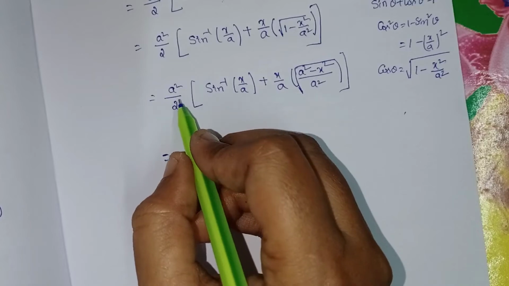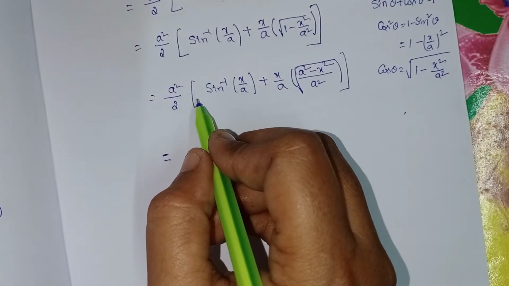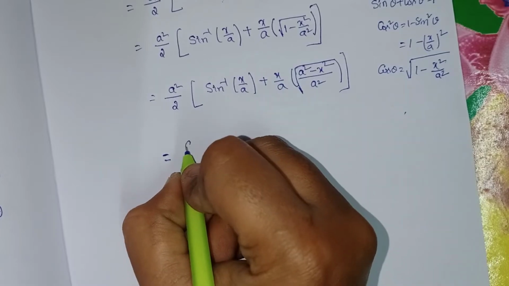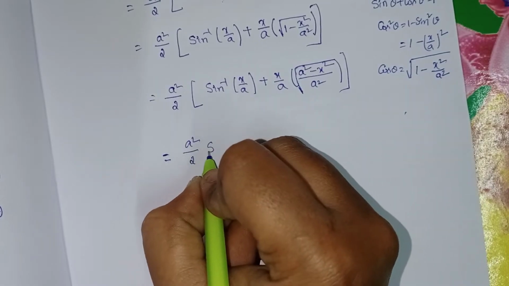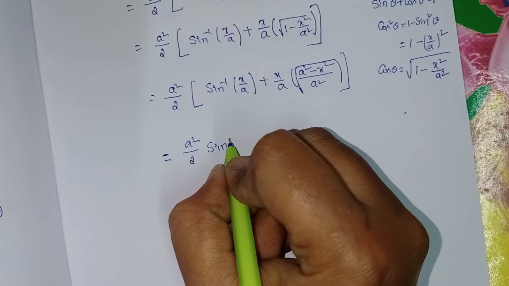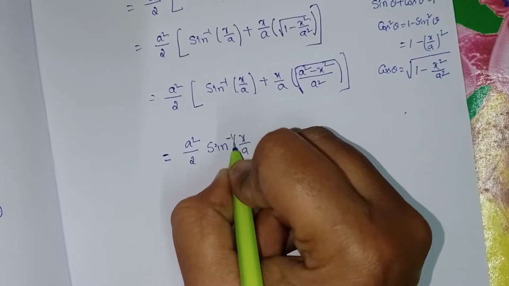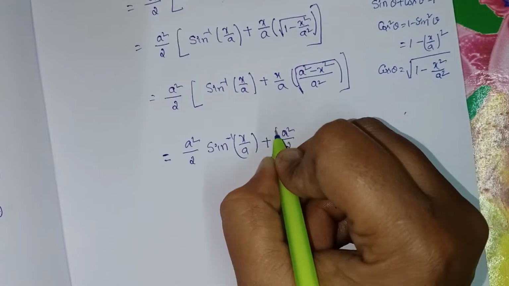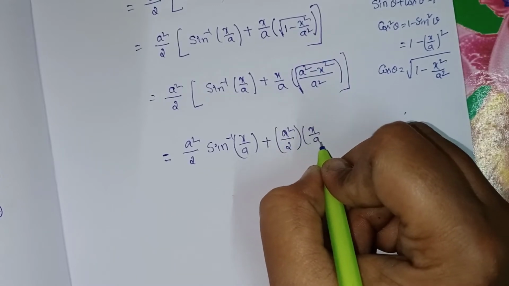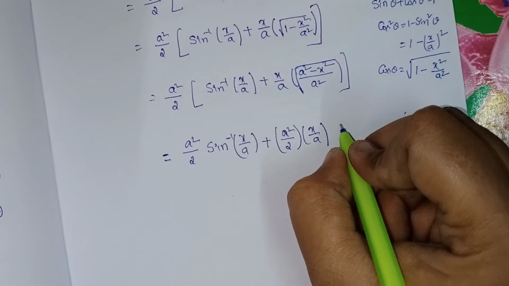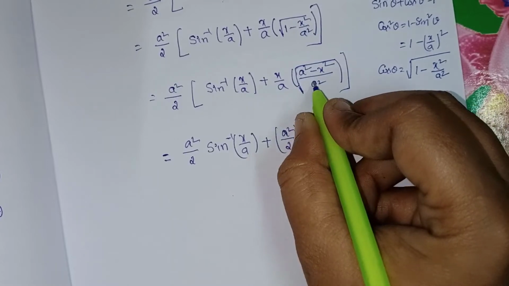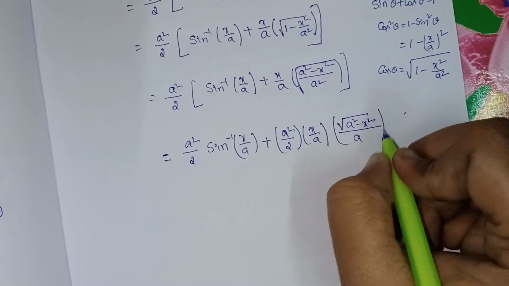Now multiply a square by 2 for these two terms: a square by 2 into sin inverse of x by a plus a square by 2 into x by a into this one. You can write separately square root of a square minus x square by root a square, which means a only.